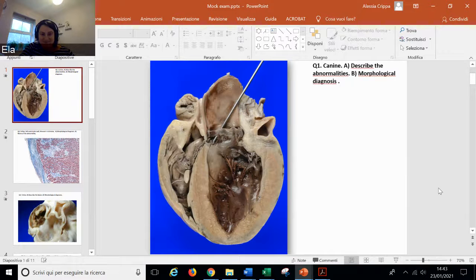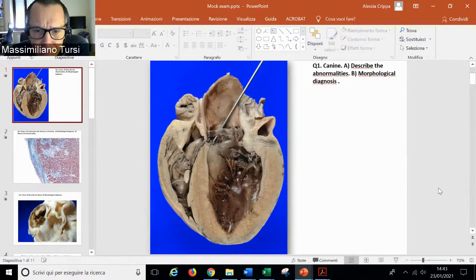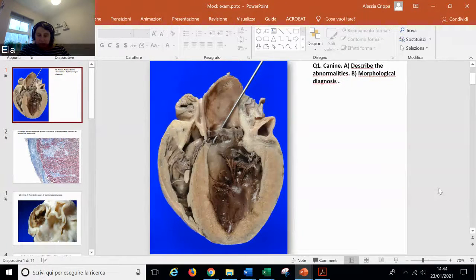Perfect. And about the description, the keywords are, of course, the ulcerative lesion. Do you want to read your description? I can.